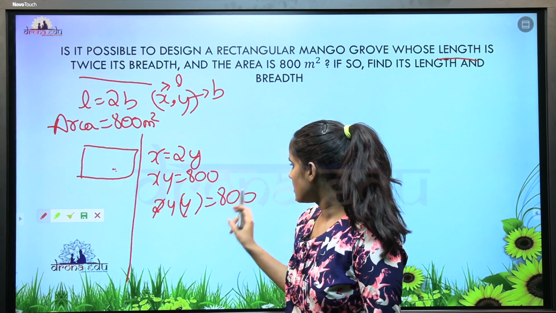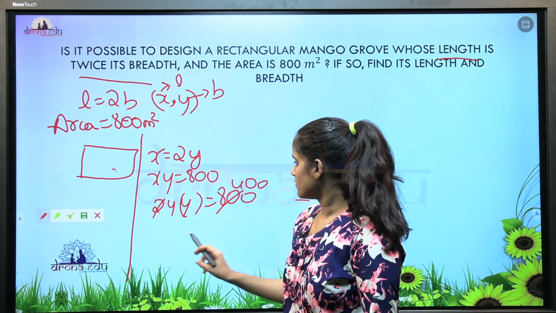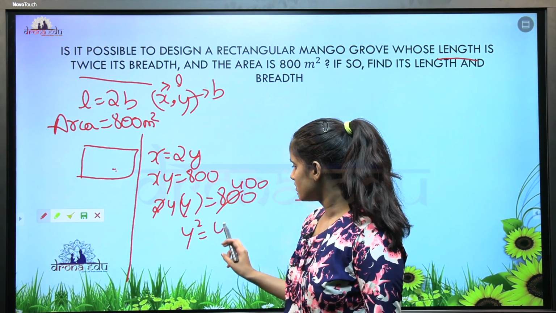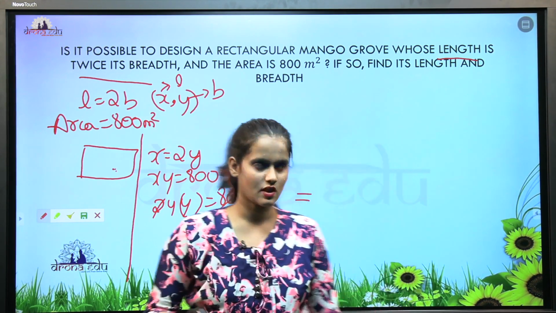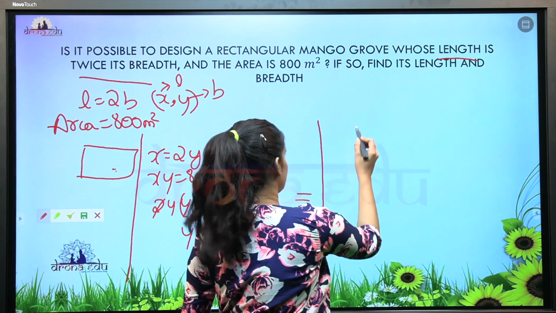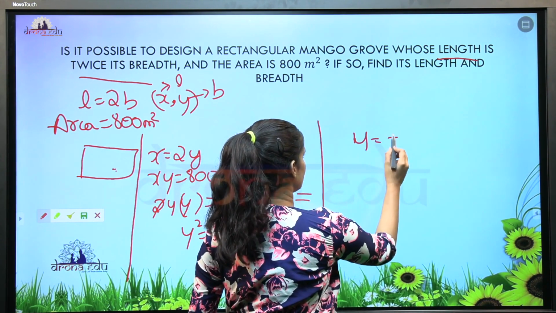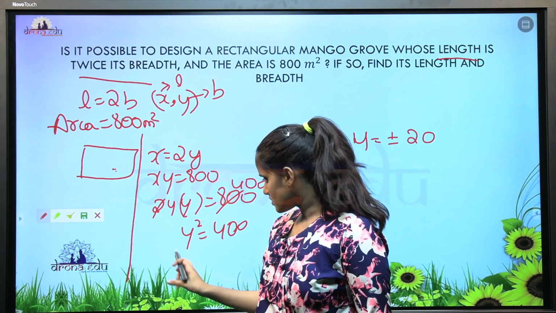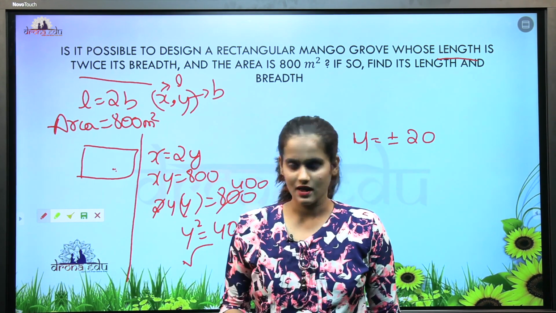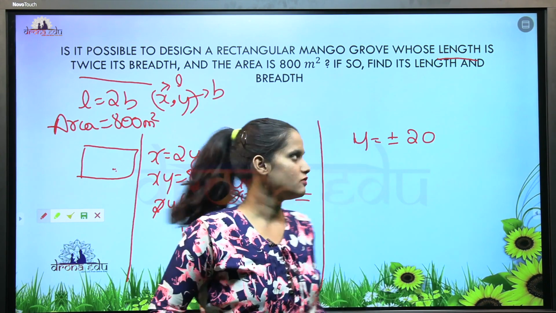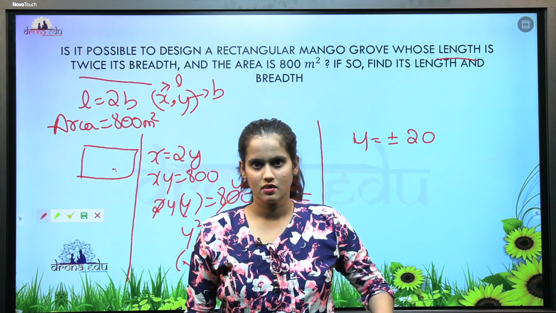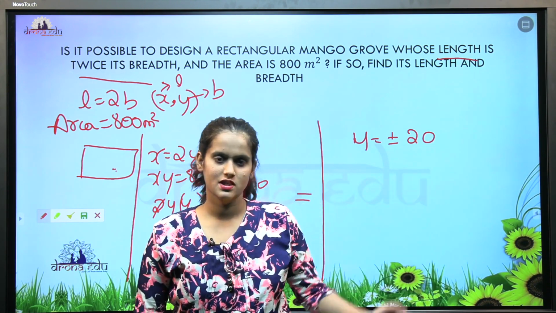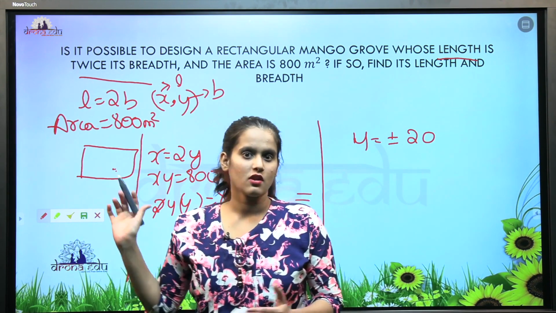So 2 ones are 400? Dividing by 2, y square is equal to 400. So I get y is equal to plus or minus 20, by applying the square root on either side. Let me take plus itself, since we are finding the length and breadth, it will not have a minus sign.